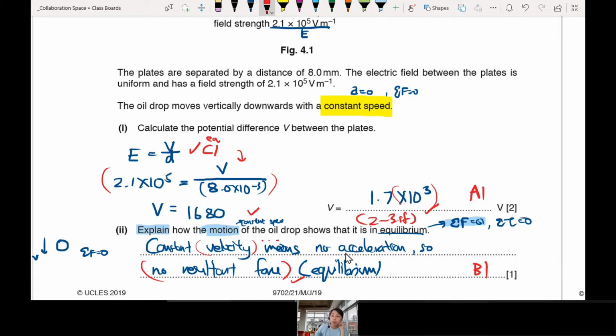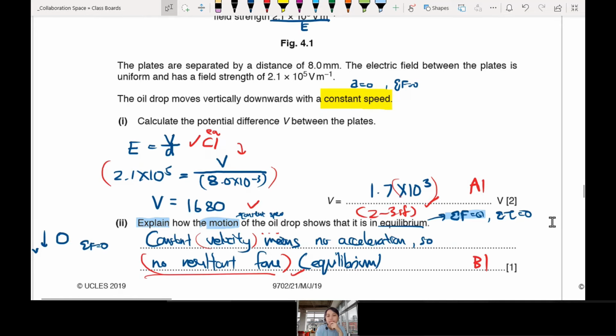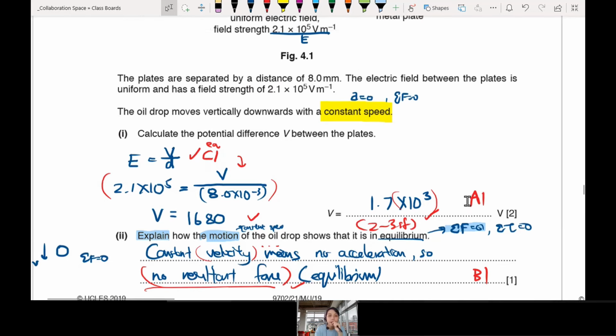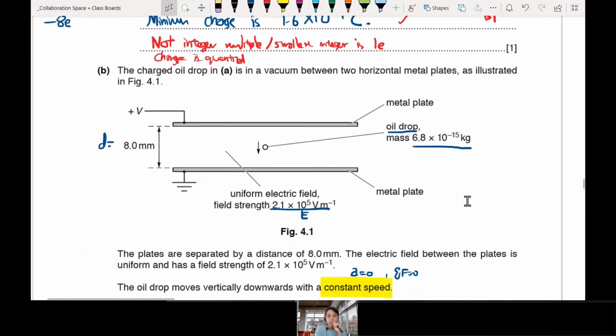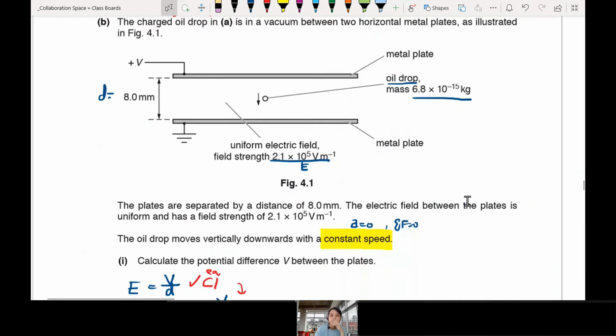That's a key one, the definition of equilibrium. If you wrote constant speed instead of velocity, I think it's okay. In this case, since they say constant speed, we can accept.